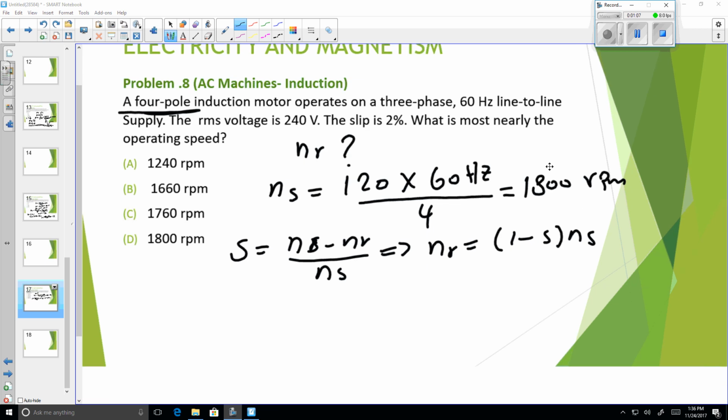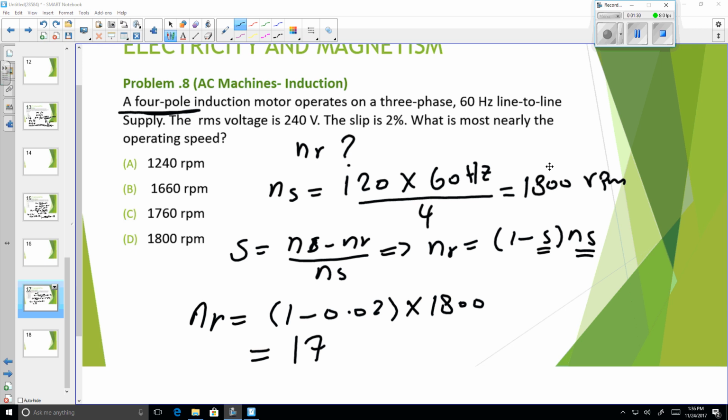We have the slip given as 2% or 0.02, and NS we calculated as 1800 RPM. So we can calculate the operating speed of the motor, which is the rotor speed, the mechanical speed. It will be 1 minus 0.02 times 1800. So that will be 1764 RPM, which is choice C.